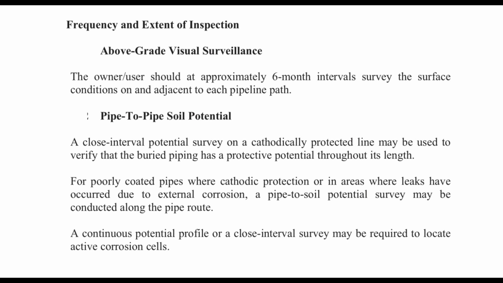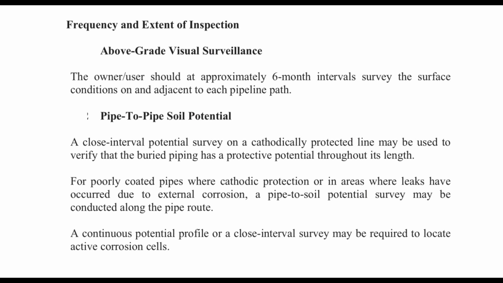Above grade visual surveillance. The owner or user should survey the conditions on and adjacent to each pipe path at approximately 6-month intervals. Pipe to soil potential. A close interval potential survey on a cathodically protected line may be used to verify that the buried piping has a protective potential throughout its length.